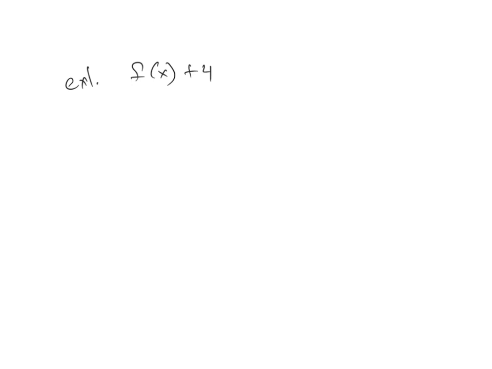So when it's written like this, you're looking to see if it's inside the parentheses or if it's outside the parentheses. So is it inside or outside? Outside. So this means this is going to be a vertical shift or stretch or what? Shift up plus 4. Okay, so that's right. It's going to shift up 4.